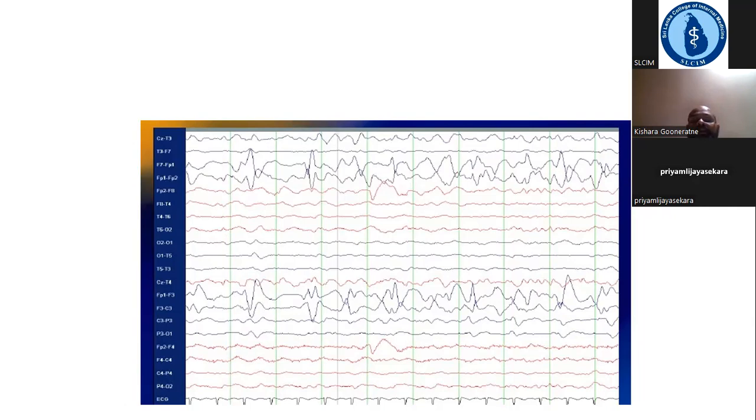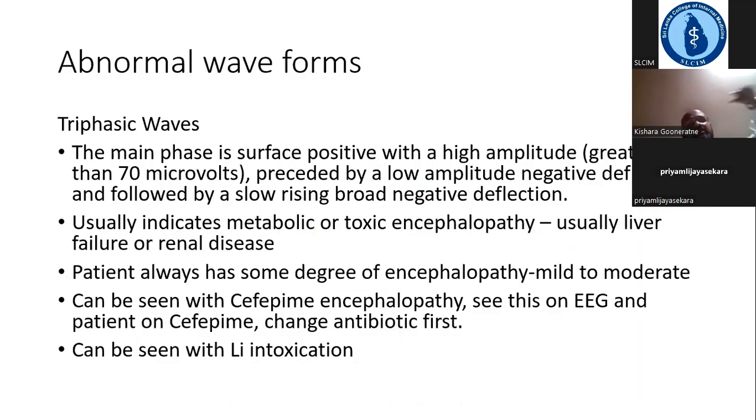And that is an example of focal slowing. You can see that it also has the morphology of a triphasic wave, which we will talk about in a little while. So these triphasic waves are also abnormal waveforms.